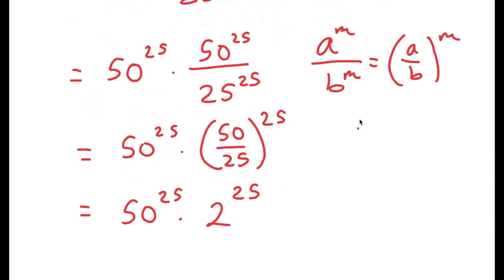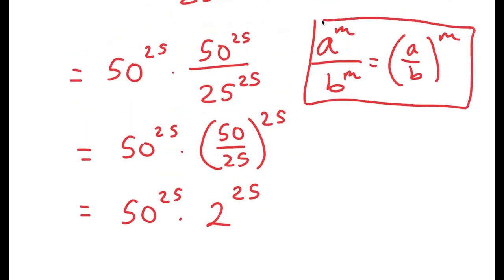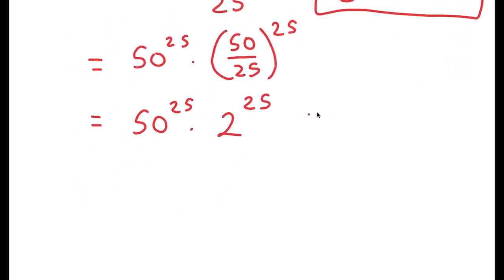Now, another property I can use, which will be the final property of this video, is that if I have something in the form a to the power of m times b to the power of m, this is equal to a times b to the power of m. So you are basically just factoring out the exponent.